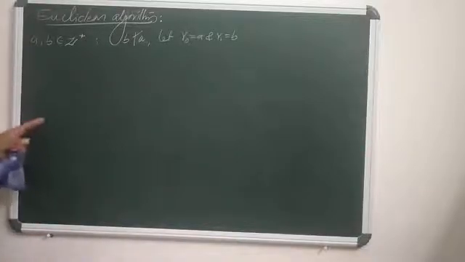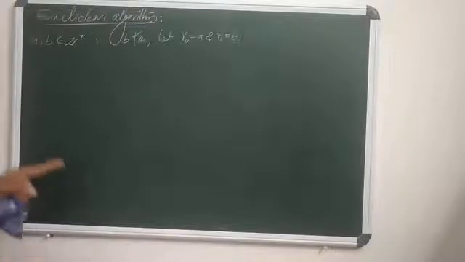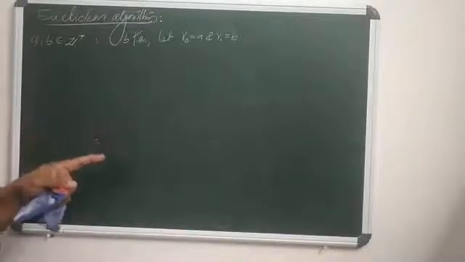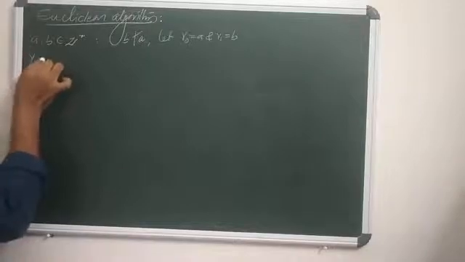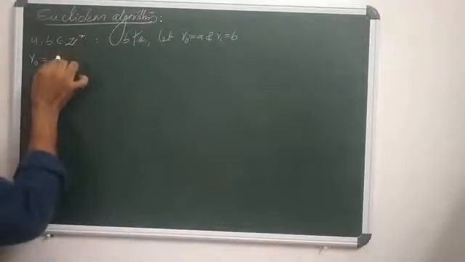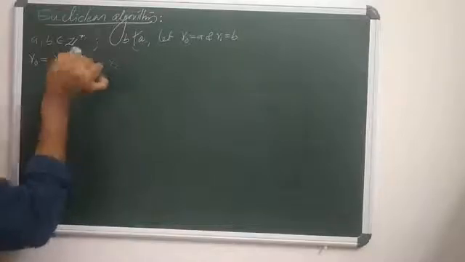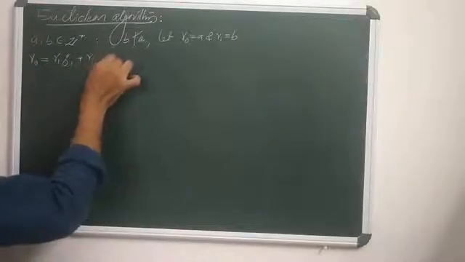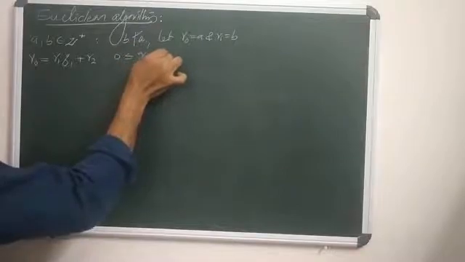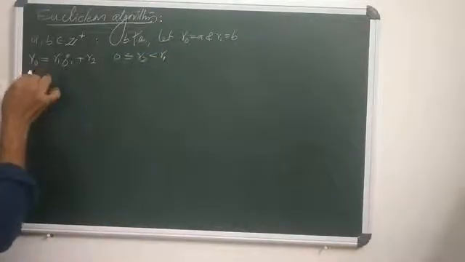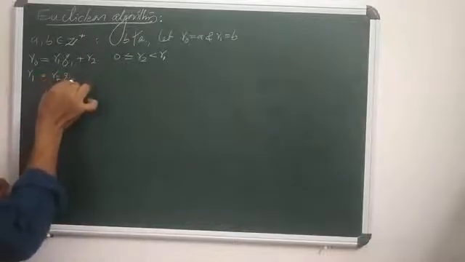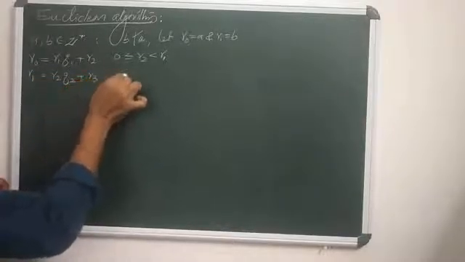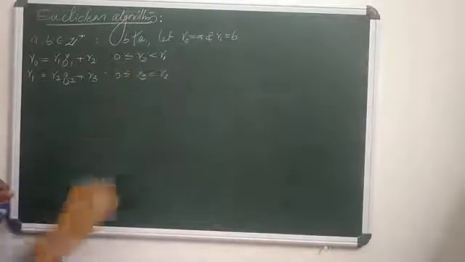Apply it repeatedly to obtain a set of remainders r2, r3, etc., rn and rn+1, defined successively by the relations: r0 = r1q1 + r2 with 0 ≤ r2 < r1; r1 = r2q2 + r3 with 0 ≤ r3 < r2.